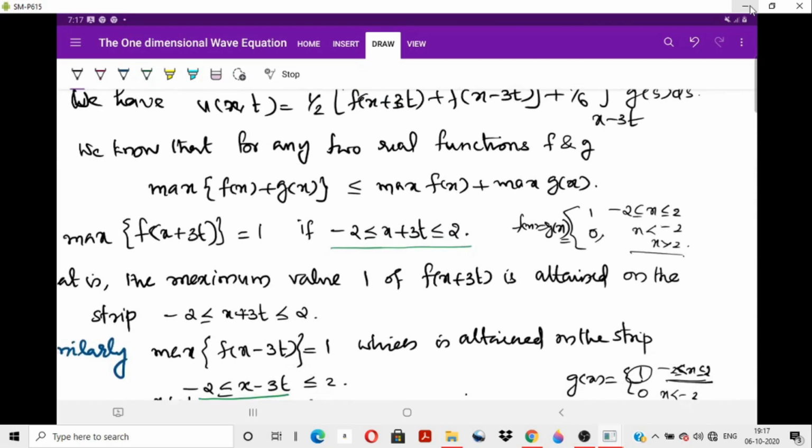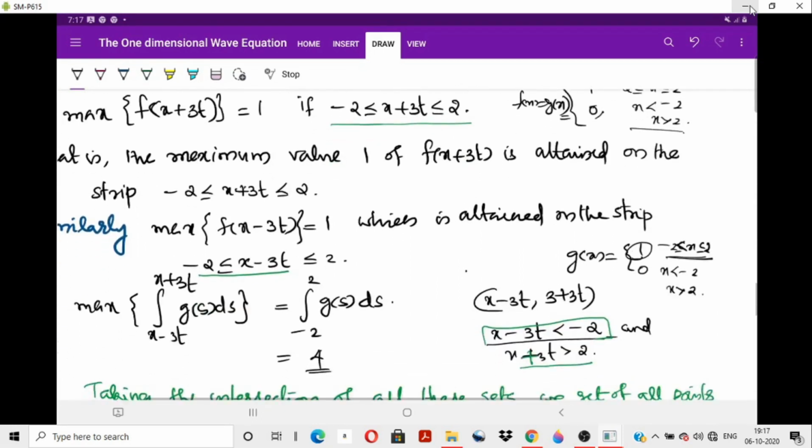Therefore, the solution is smooth at all the points that are not on the characteristics x plus 3t or x minus 3t equal to plus or minus 2.